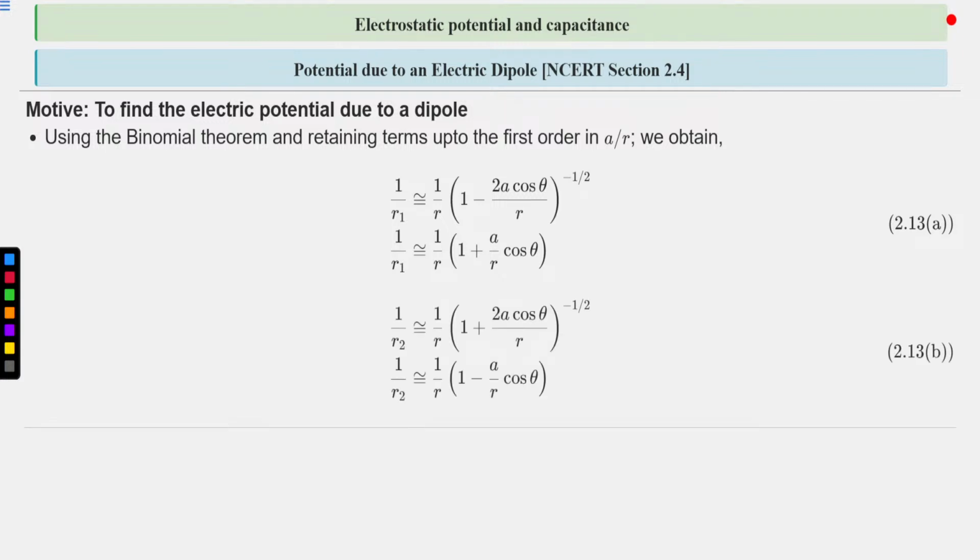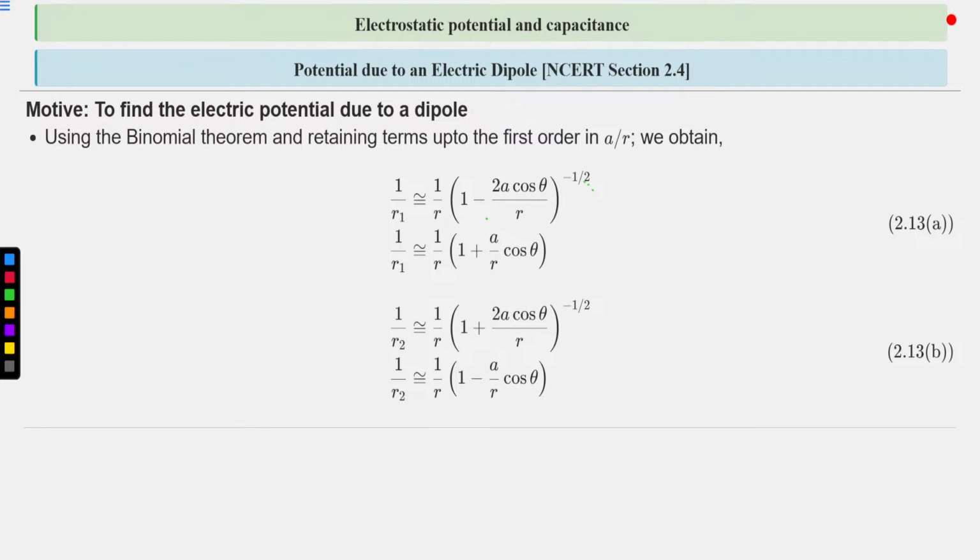Similarly, we can write 1 by r2 as nearly equal to 1 by r times 1 minus a by r cos theta. Now, after applying the binomial theorem, this minus 1 by 2 will multiply with this term.